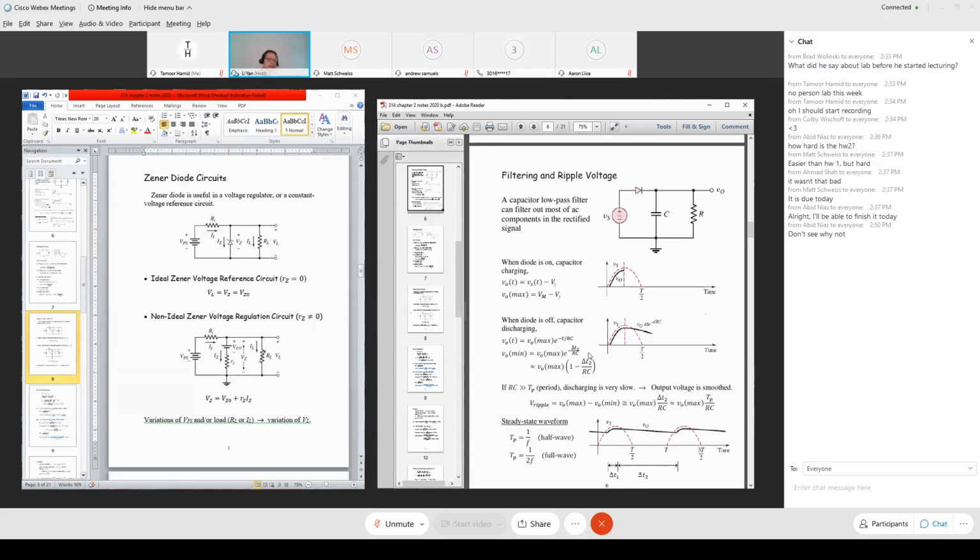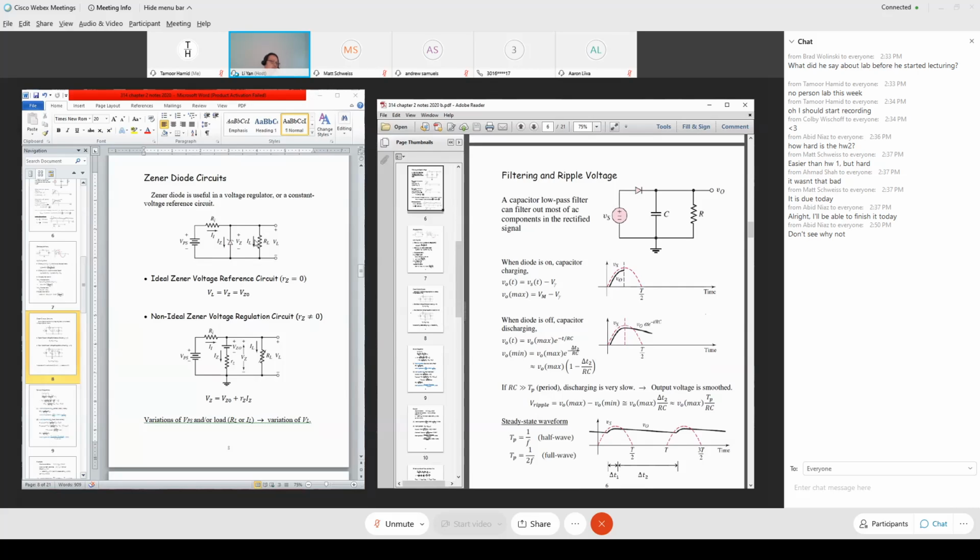So then VL is the input and VZ is the output? What do you mean by input and output? Read this circuitry. This is your source. Say you use a wall plug to get a DC voltage source, and that DC voltage source has a ripple.